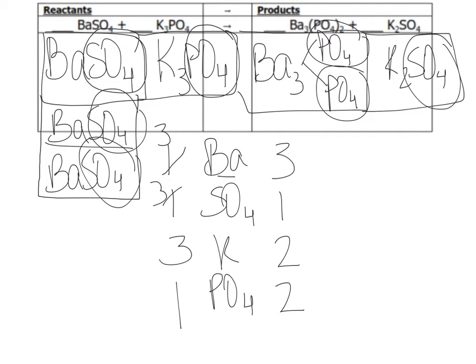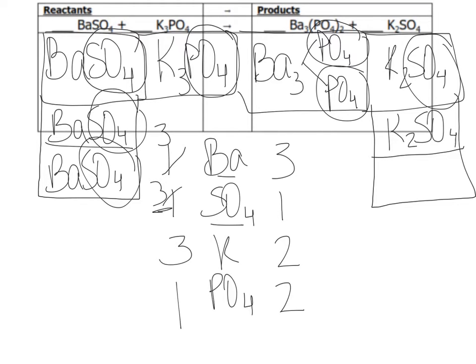Now I'll take a look at K. Actually, I'll look at SO4. Since I needed more BAs, I now have 3 SO4s in my reactants, and I only have 1 as a product. So I'm going to draw 2 more boxes of K2SO4.